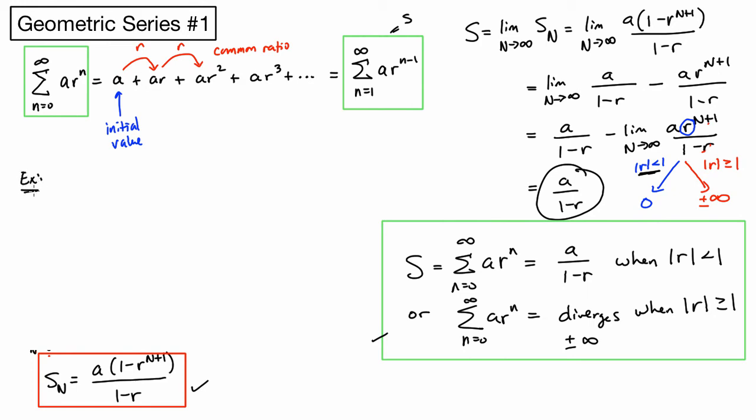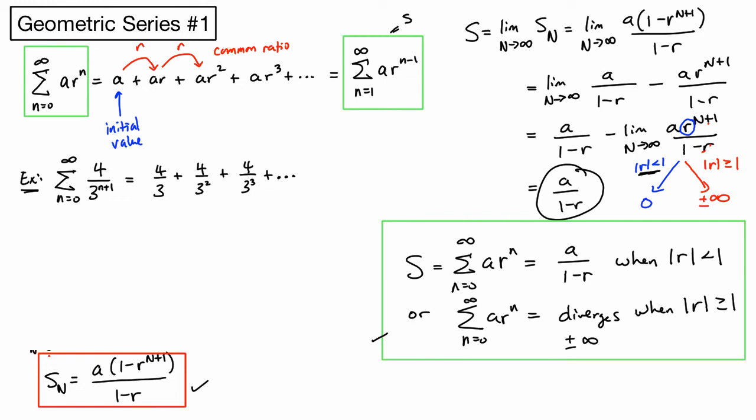So let's suppose that I asked you to find the sum, n goes from 0 to infinity, of 4 over 3^(n+1). Well, if you write out the first couple of terms of this sum, you get 4/3 plus (4/3)^2 plus (4/3)^3, and so on.